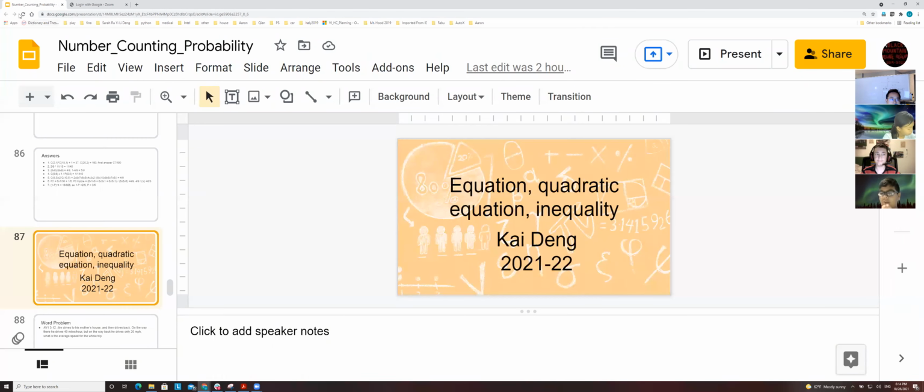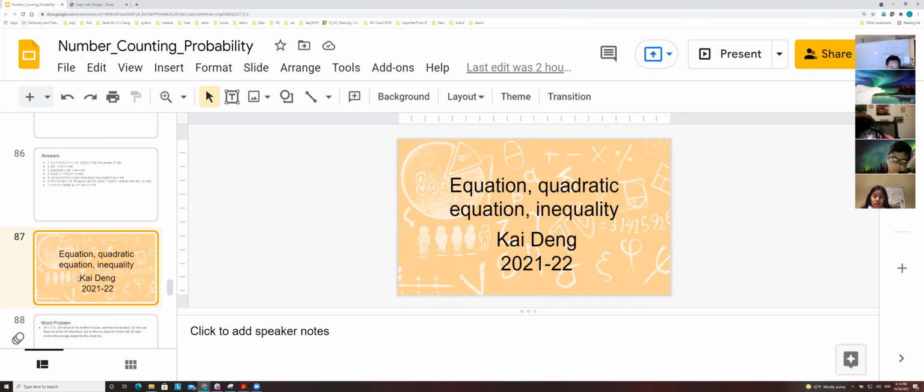Now let's go back to today's material. Ideally we should go over equations, but we kind of ran out of time. Equations are embedded in all the problems, and so far we have started a lot of problems with equations.